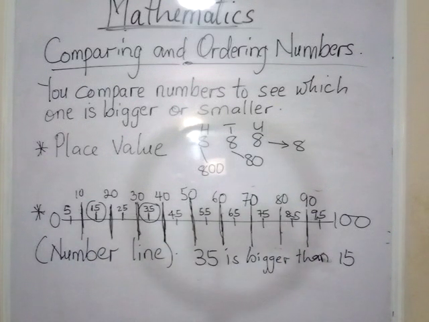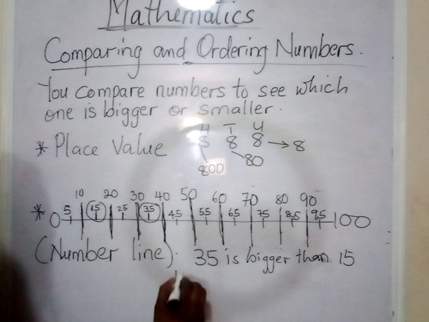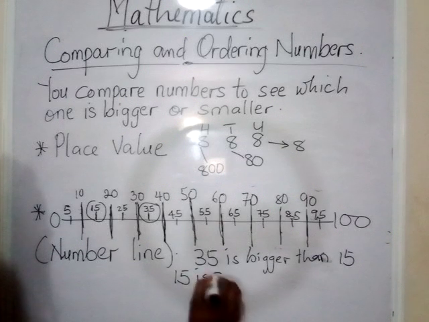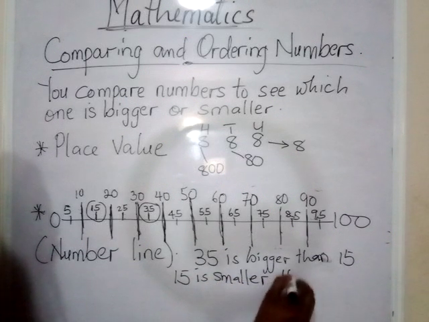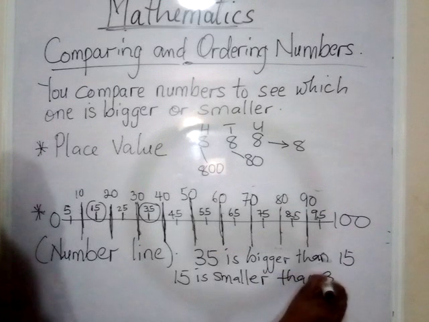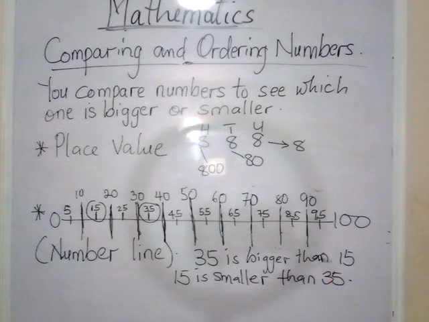So 15 is closer to 0, which means 15 is smaller than 35. Following that rule, the number that is closer to 0 is smaller than the number that is closer to 100.